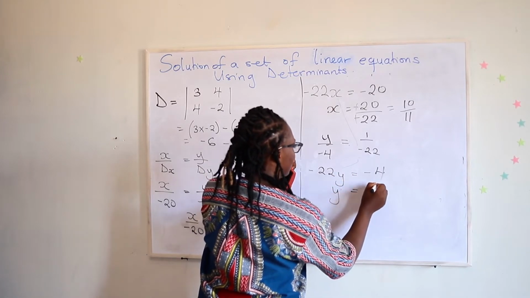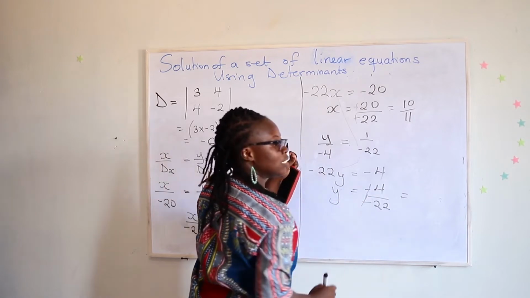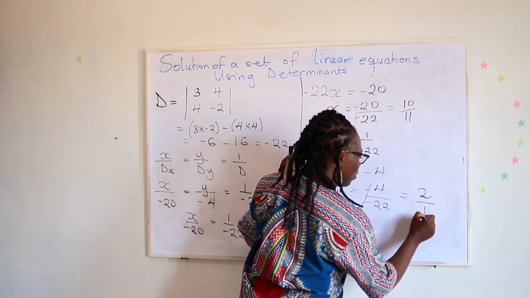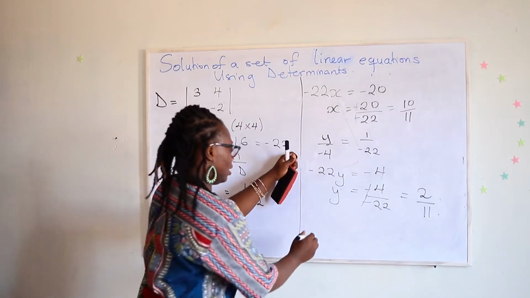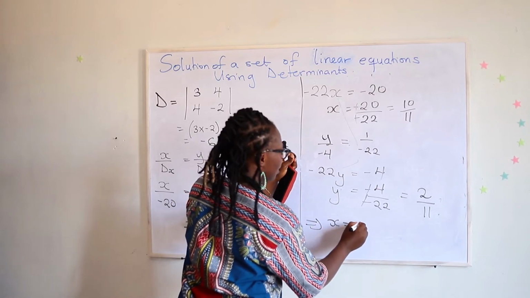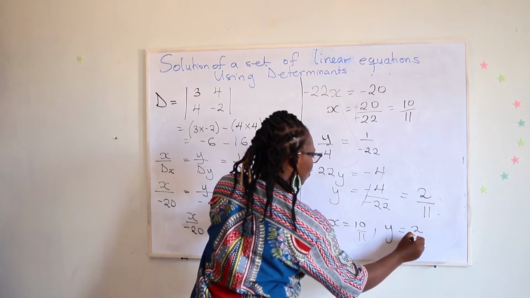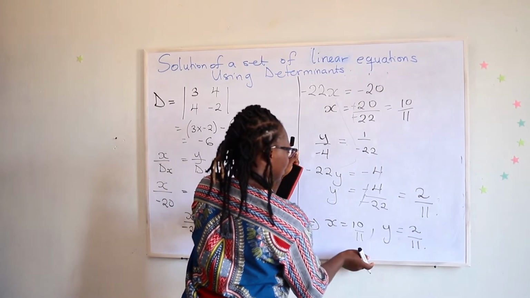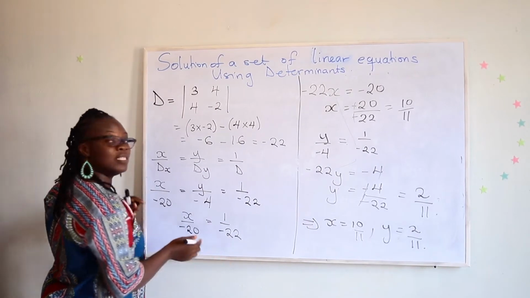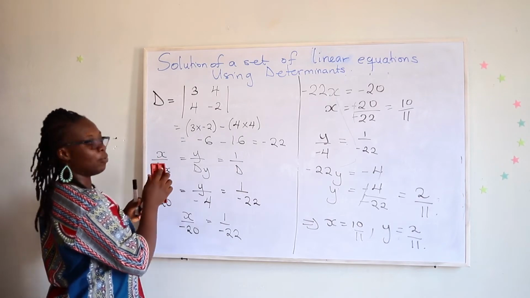Y is then minus 4 over minus 22, which simplifies to 2 over 11. This implies that the value of x is equal to 10 over 11, then that of y is also 2 over 11. So this is for the variables x and y. Let's take another example.